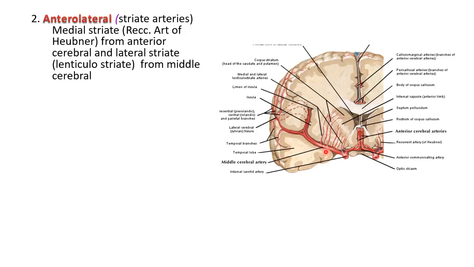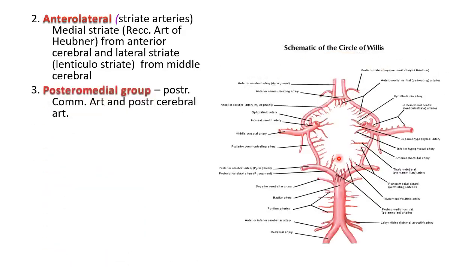It is not involved in its formation, but it takes part in the anastomotic branches. Then the posteromedial group arises mostly from the junction of the posterior communicating and posterior cerebral arteries.